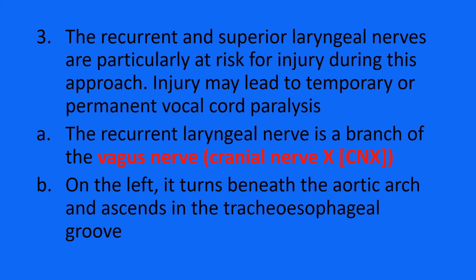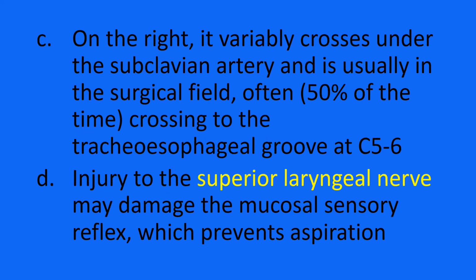On the left, it turns beneath the aortic arch and ascends in the tracheoesophageal groove directly. On the right, it is variable. It crosses under the subclavian artery and is usually in the surgical field, often 50% of the time, crossing to the tracheoesophageal groove at C5, C6.